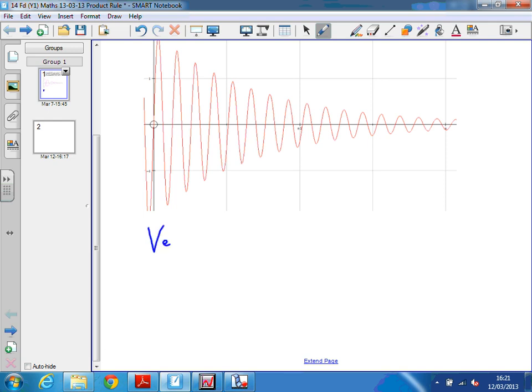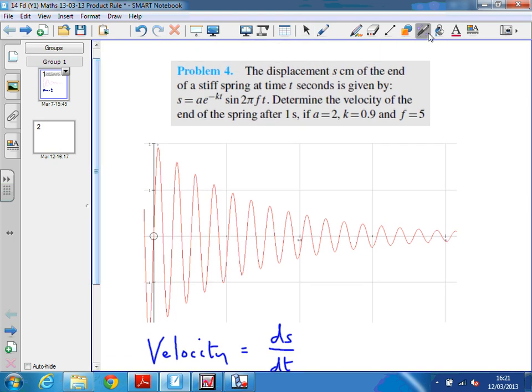The velocity is given by the rate of change of displacement with time. So in this question, because it's a displacement question, some sort of motion question, when we differentiate, that tells us something specific, in this case the velocity. So when the question says find the velocity, that's telling me I've got to differentiate it, because the velocity is the rate of change of distance with time, or displacement with time. So I've got to differentiate this function.